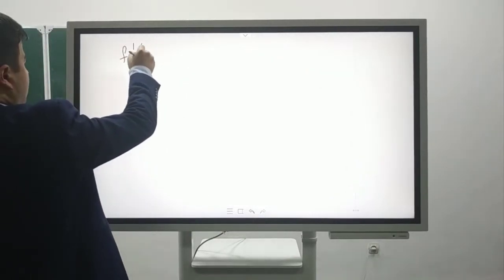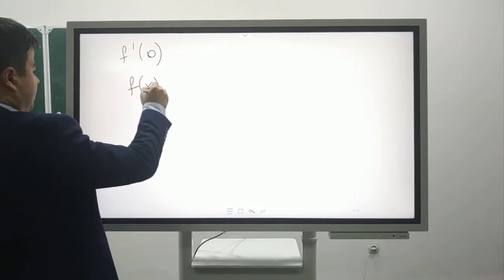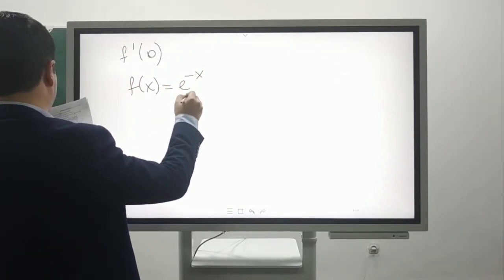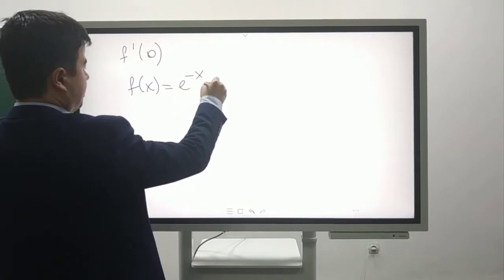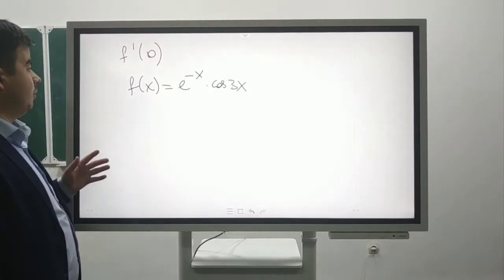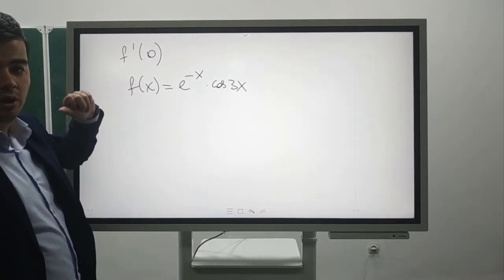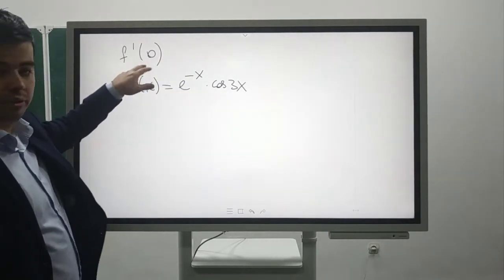Okay, now the next example. Calculate f prime of 0 if f of x is e to the power of minus x times cosine 3x. So firstly, we need to find the derivative of this function and then put 0 instead of x and find the value at this point 0.